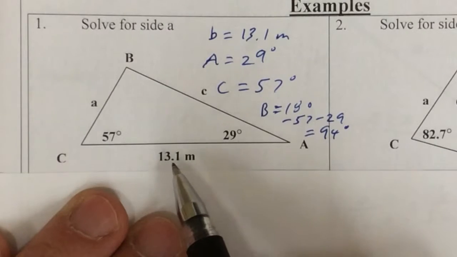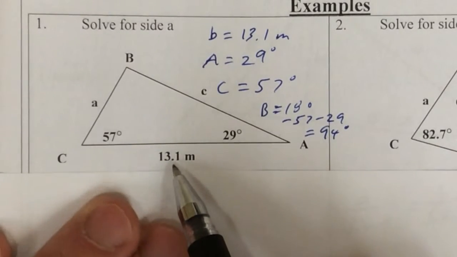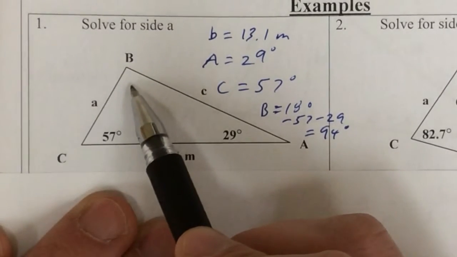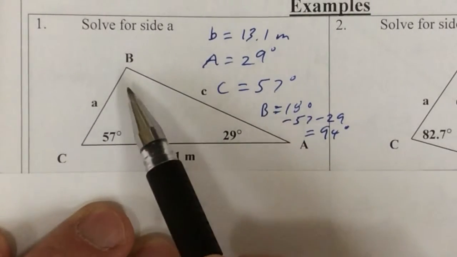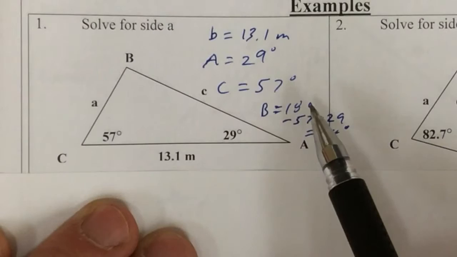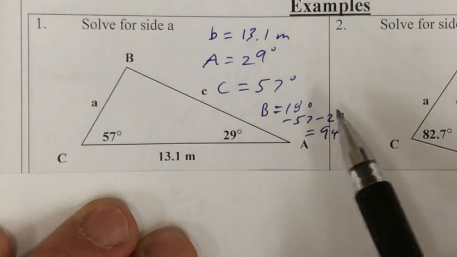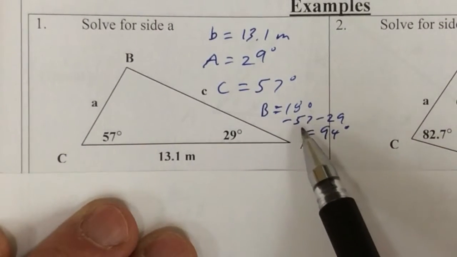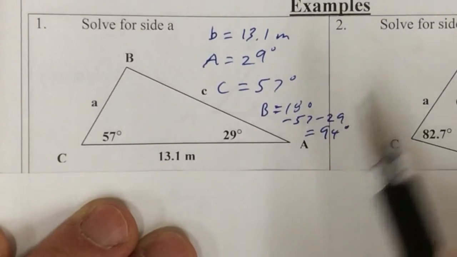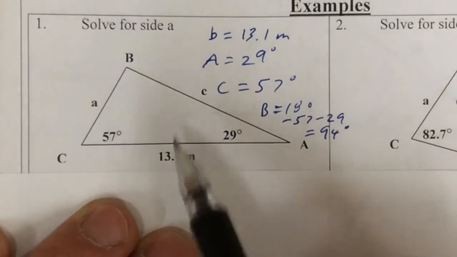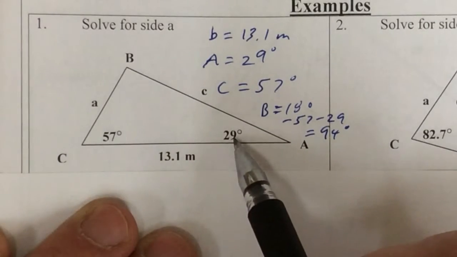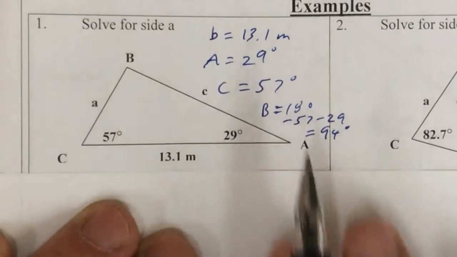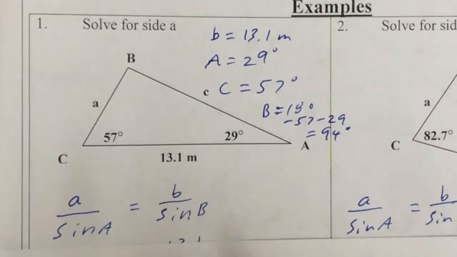So you need to then have the angle opposite to this side. Is that possible? Yes, it is. You subtract these two from 180. So angle B is 180 minus 57 minus 29, which gives you 94. So now you've got the angle opposite this side and you've got the angle opposite to the side that you want. So start off with what you want.